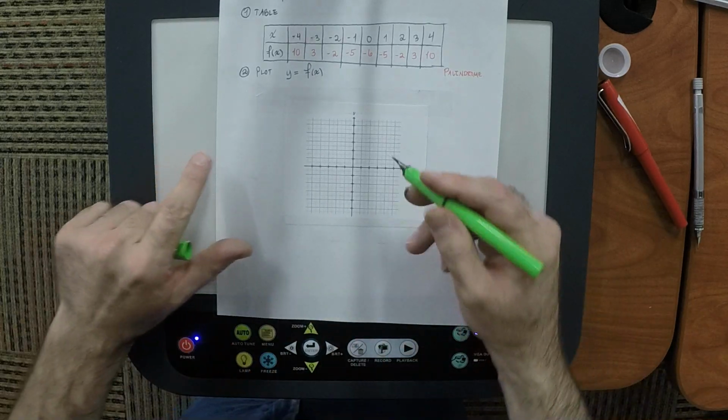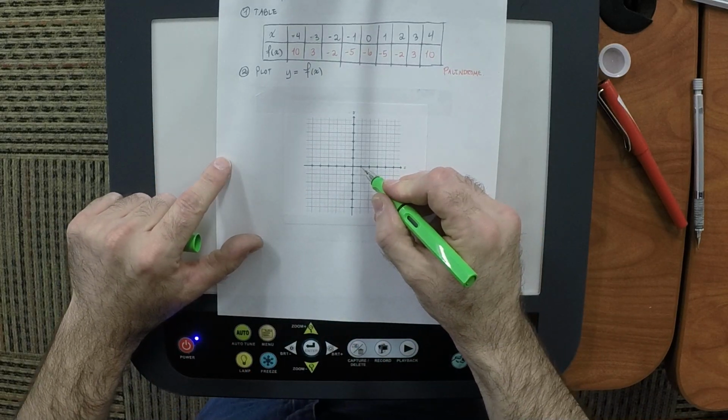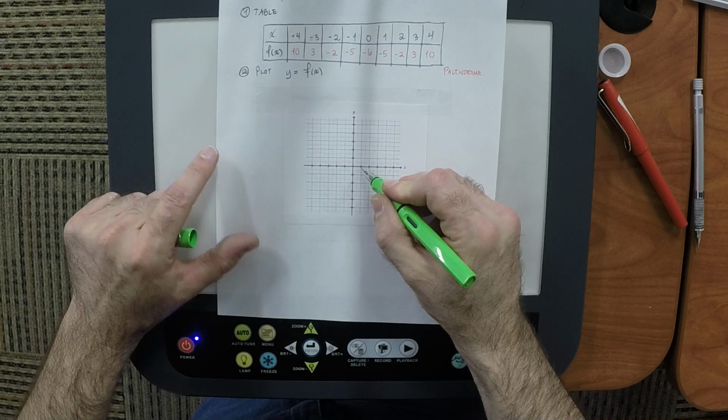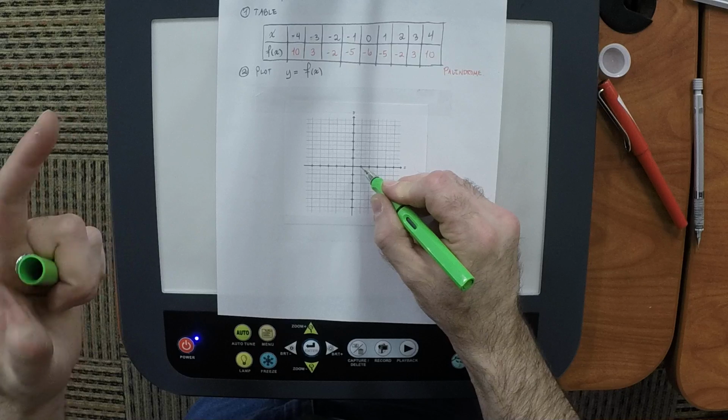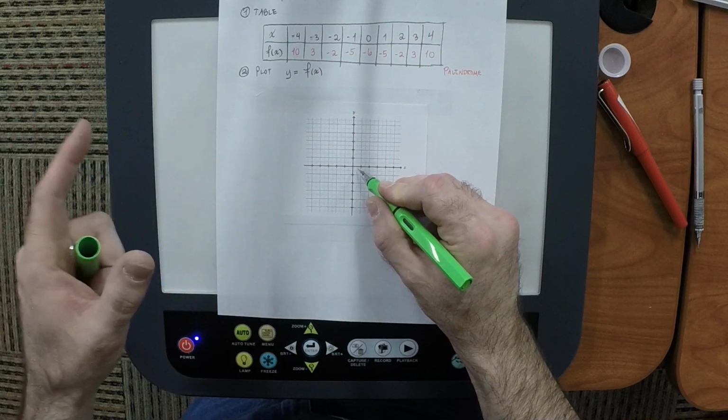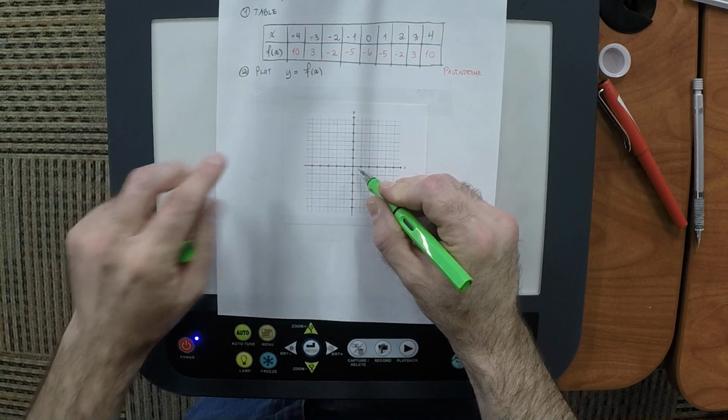Now, under normal circumstances, I make that be 1, but the numbers are a little big, so I'm going to make that be 2. So I'm going to make the one that's usually half be 1.